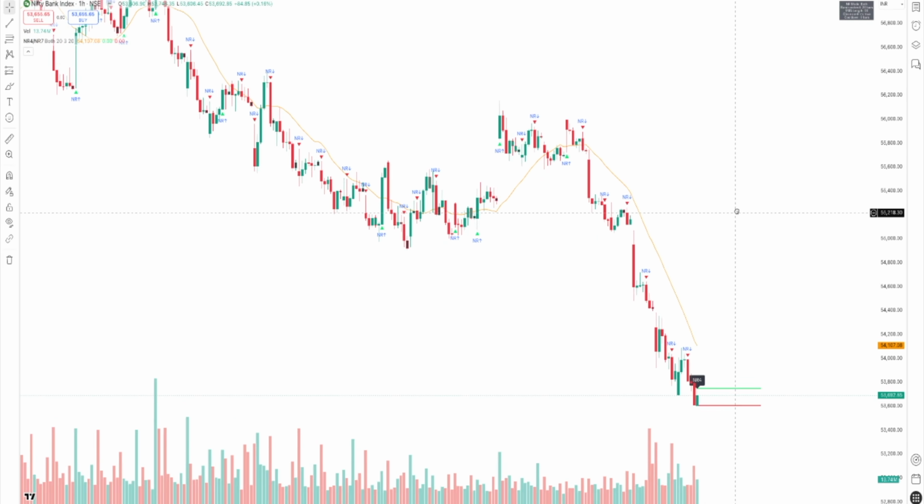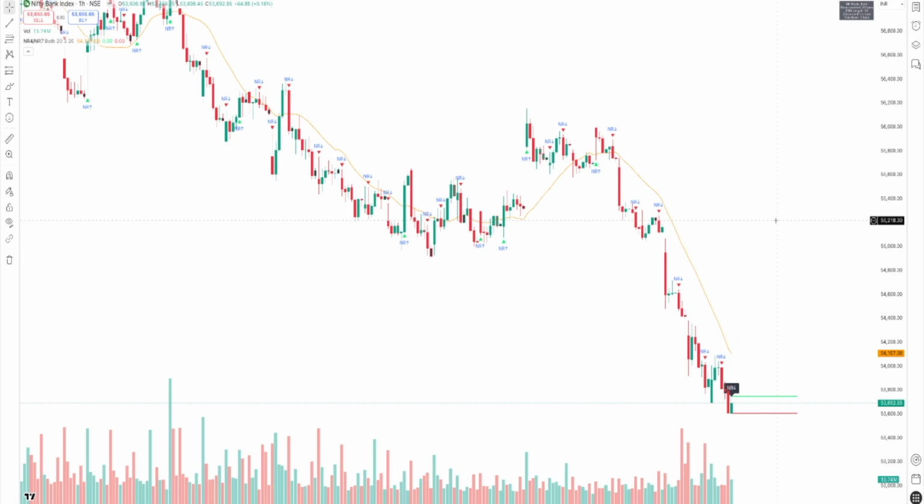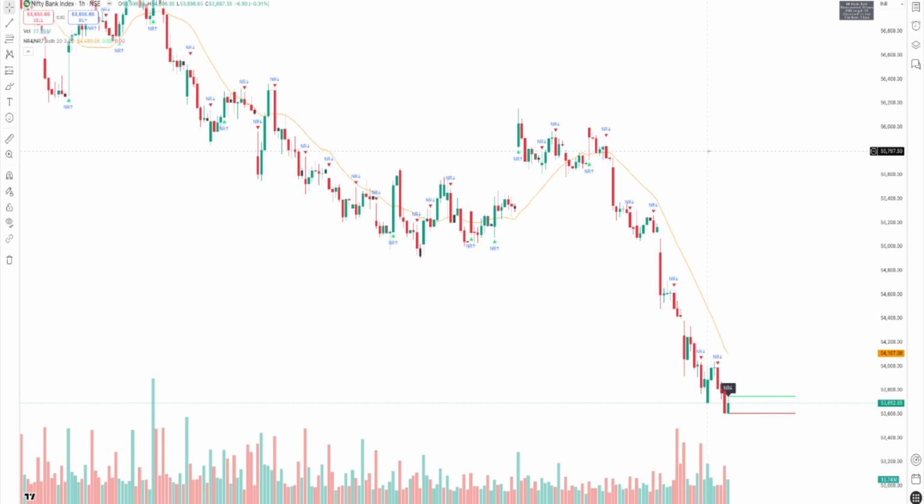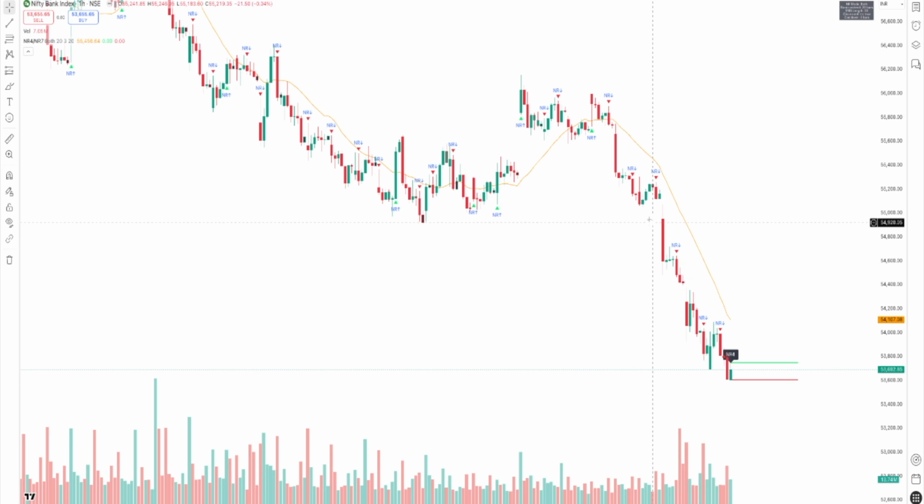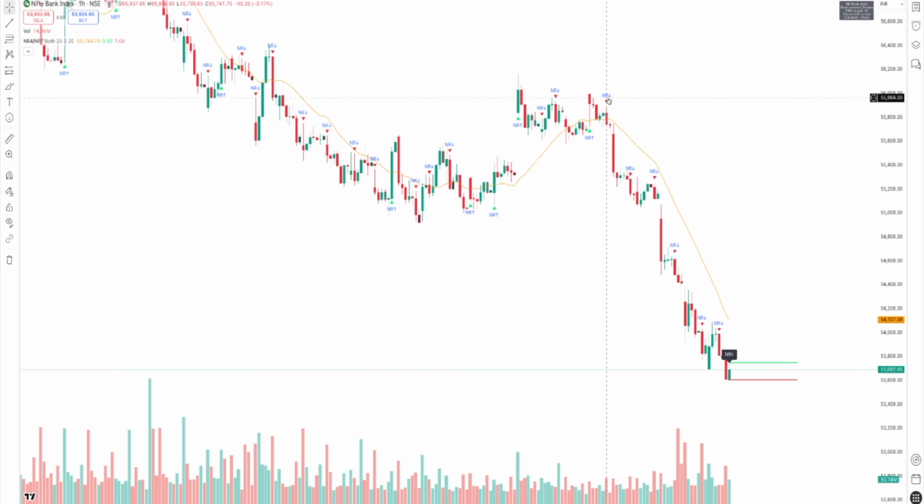It's always advised that you look at two different charts for clarity of the trend. So this is the 1 hour chart, and you can see whenever there were moves, it gave a breakout with an NR down.